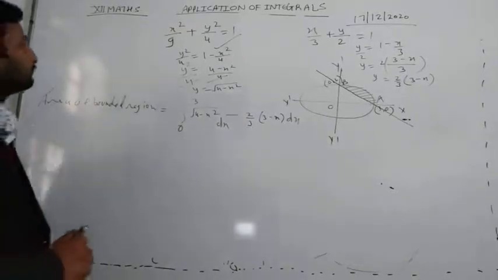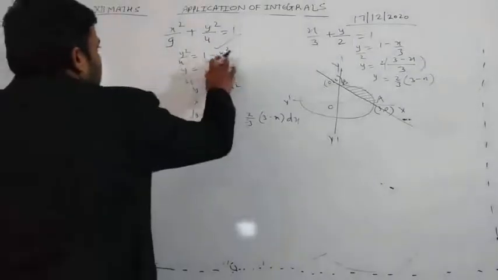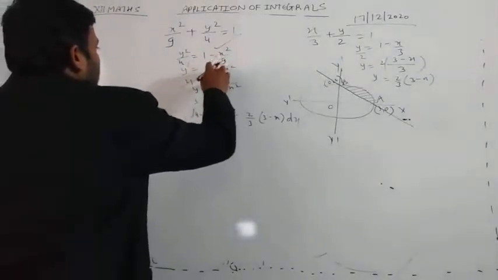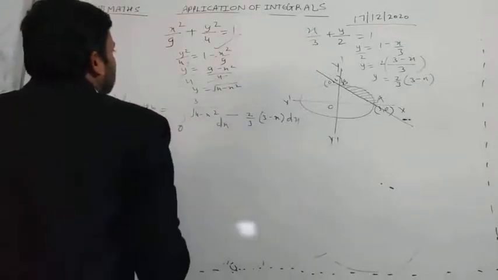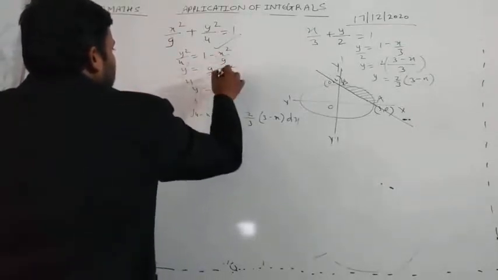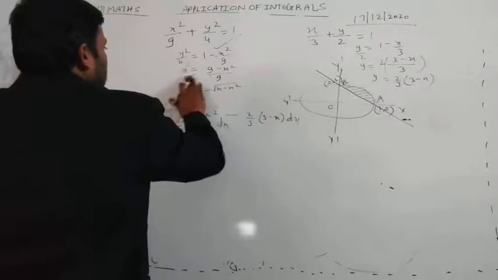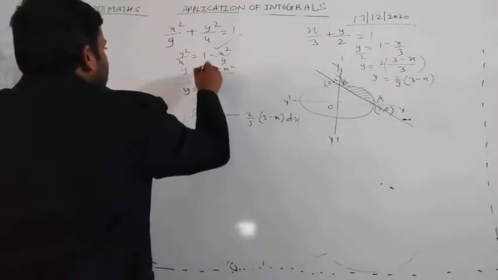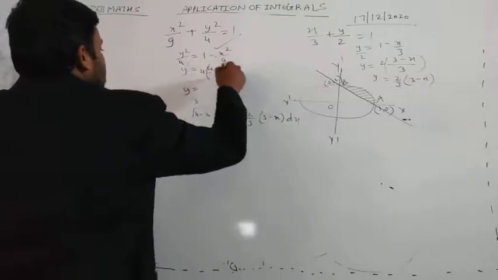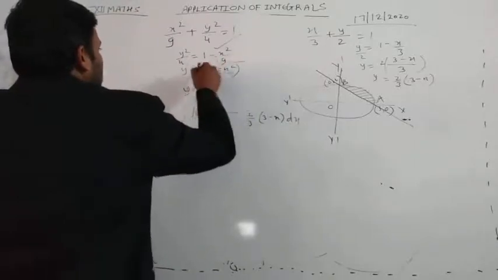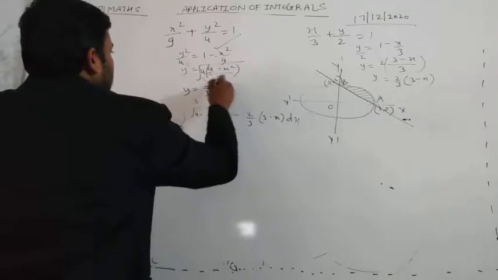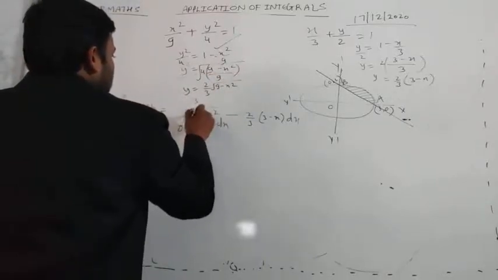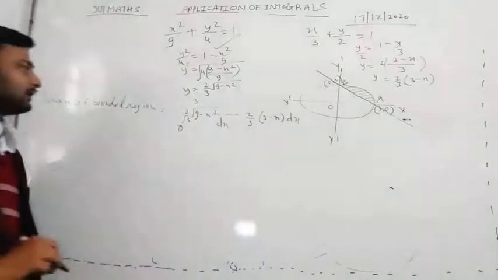Okay, here it is 9, sorry. So this is 9 and this is 9, so it will not be cancelled. So y will be the square root, so it will be (2/3)√(9 − x²).